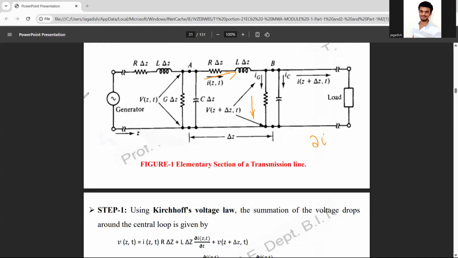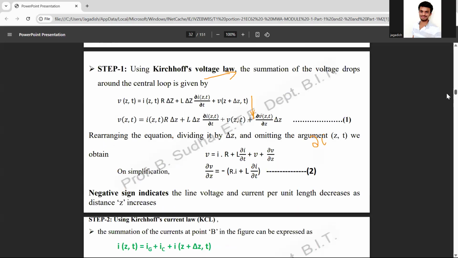Since it's two dimensional, it will have two dimensional variables also, students. First you write the Kirchhoff's voltage law equation.